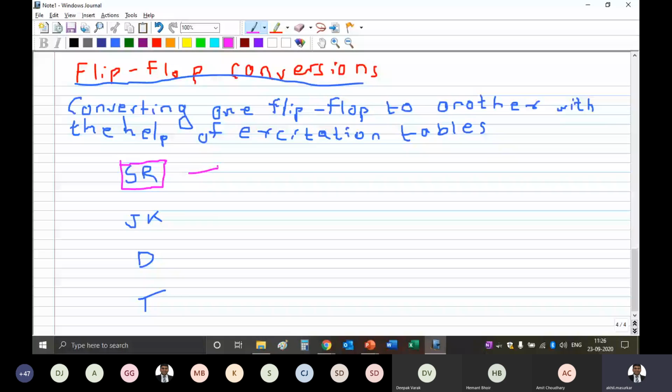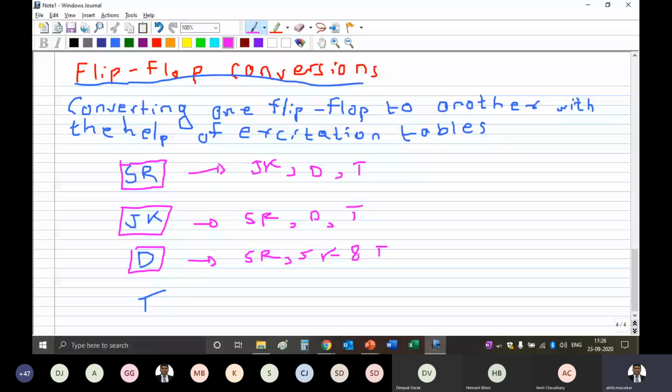When we say JK, how we can implement JK using SR, D and T. When it comes to D, it would be how to implement D using again SR, JK and T. And when it comes to T flip-flop, how to implement T using SR, JK and D.